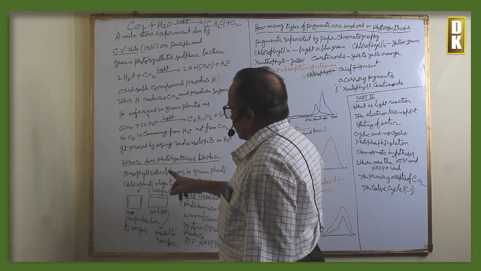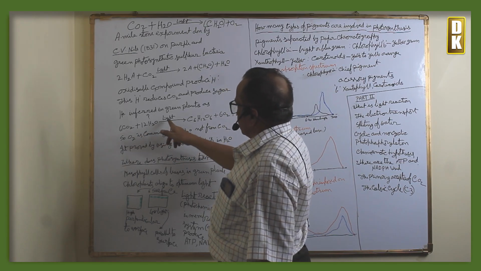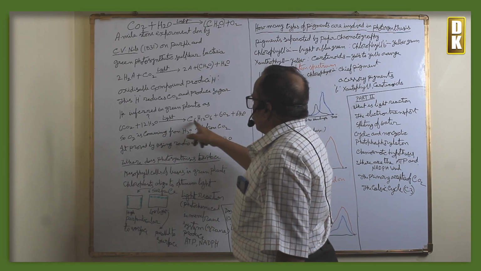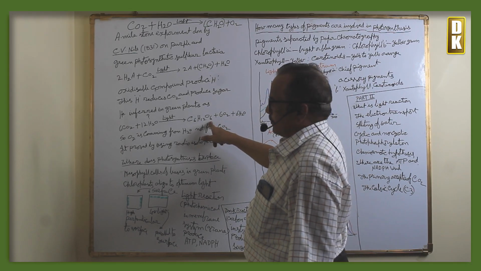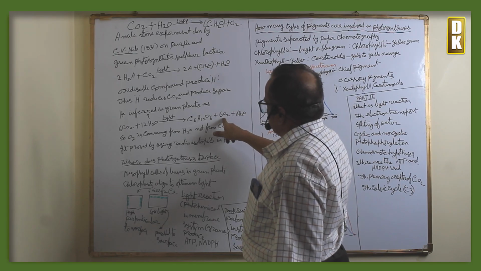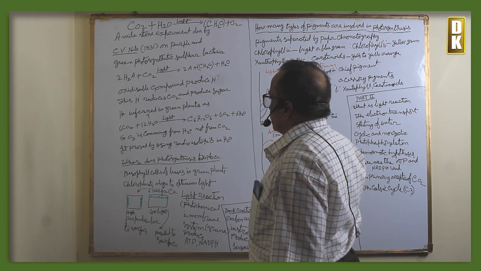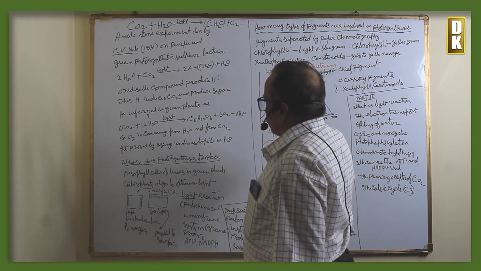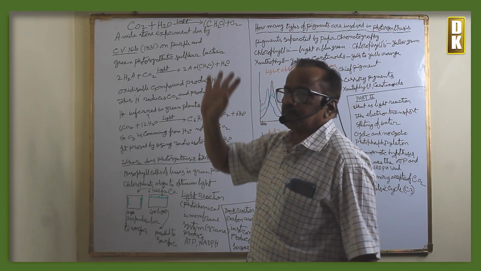What he did: 6 CO2 and 12 molecules of H2O in the presence of light will give 1 molecule of sugar, that is glucose, and 6 molecules of oxygen and 6 molecules of water. What is this? I can say one thing. This is not explained by many people.